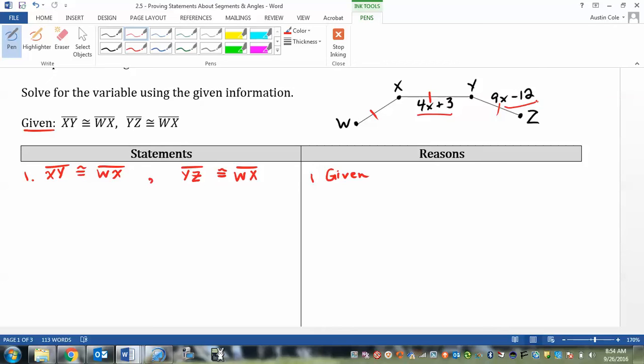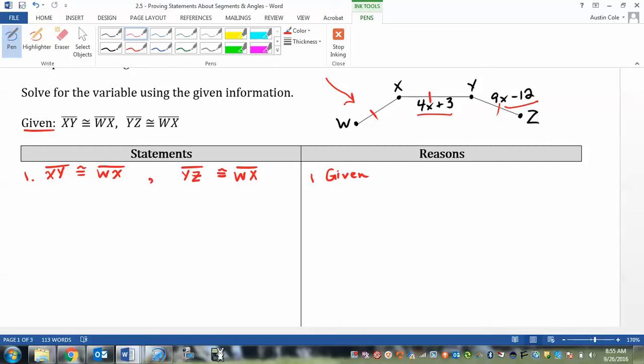They're using this guy, WX, to connect the two. You guys see that? Now, I think we can say here, and we all know that XY, this segment, is congruent to that segment, because we made the tick marks, and I think we all see that, but we have to spell it out.